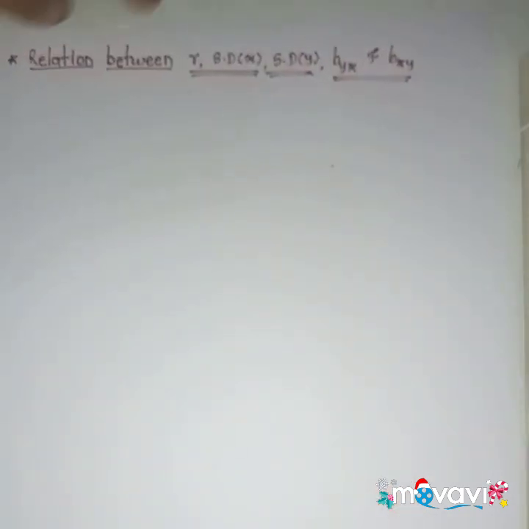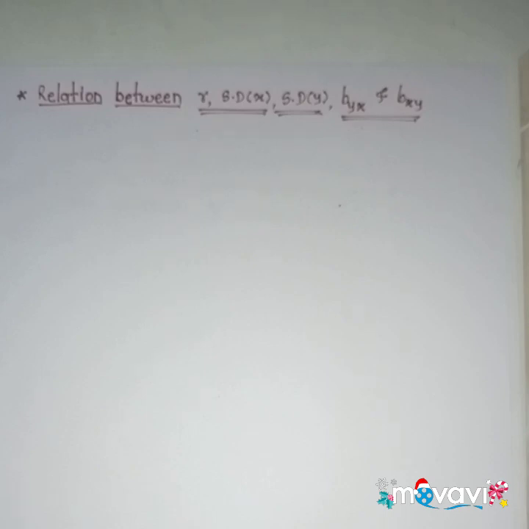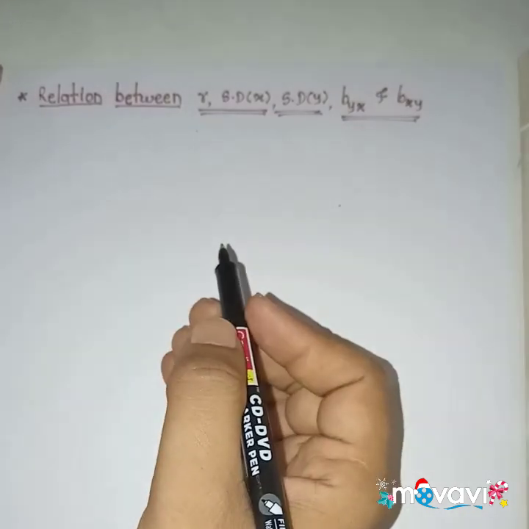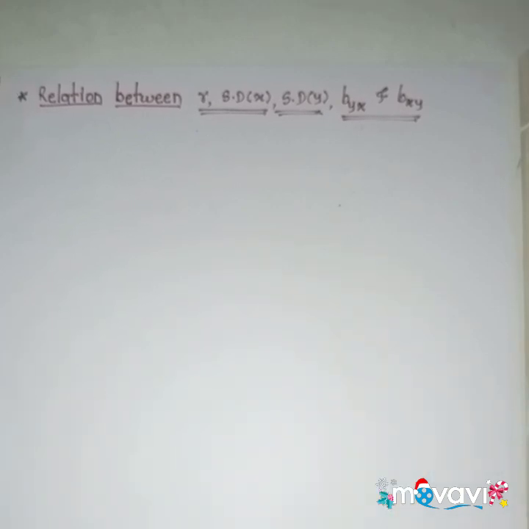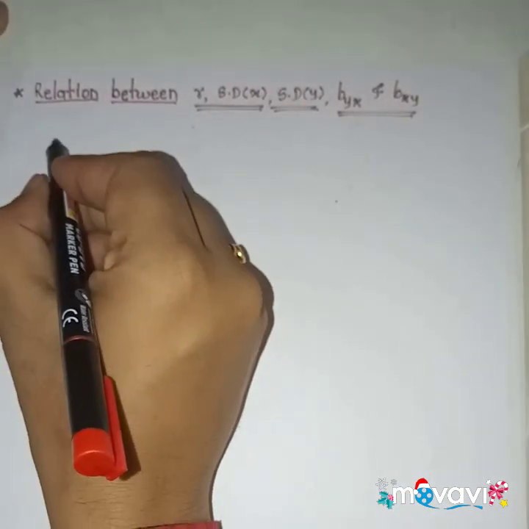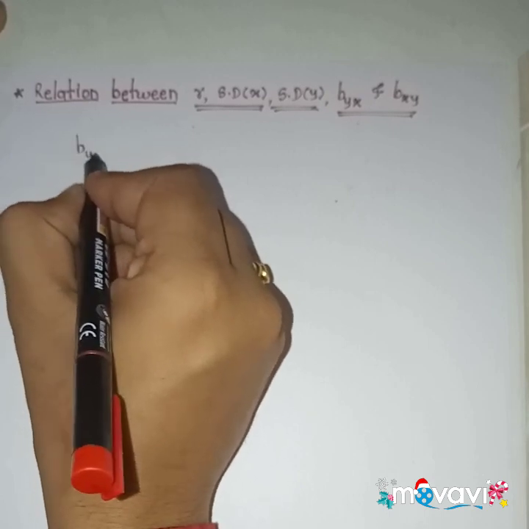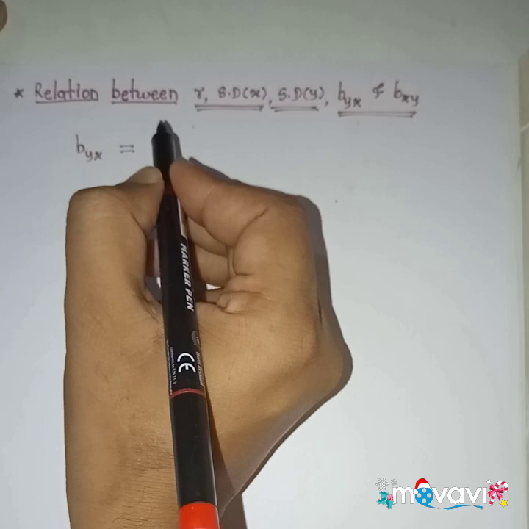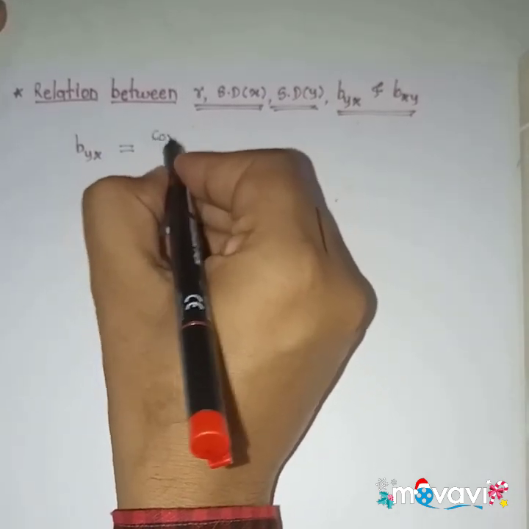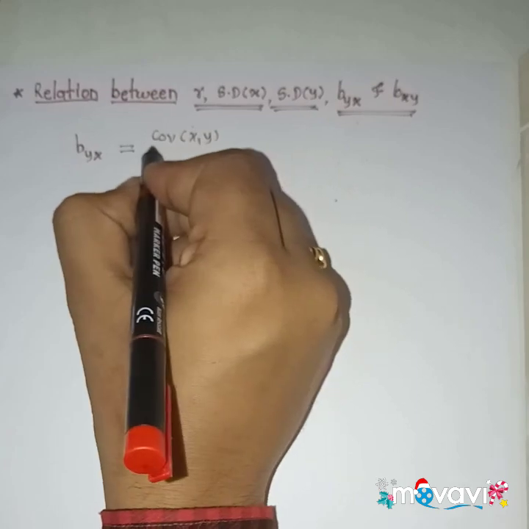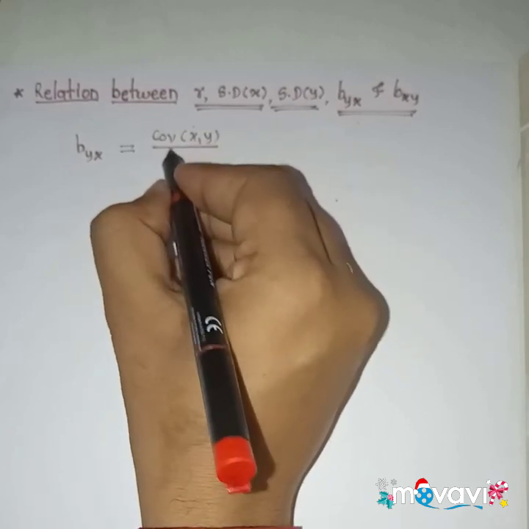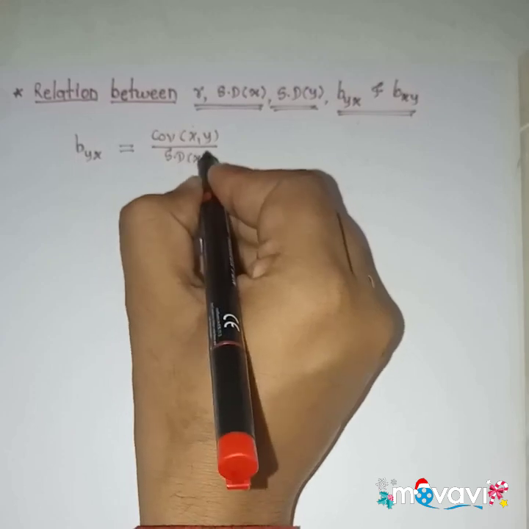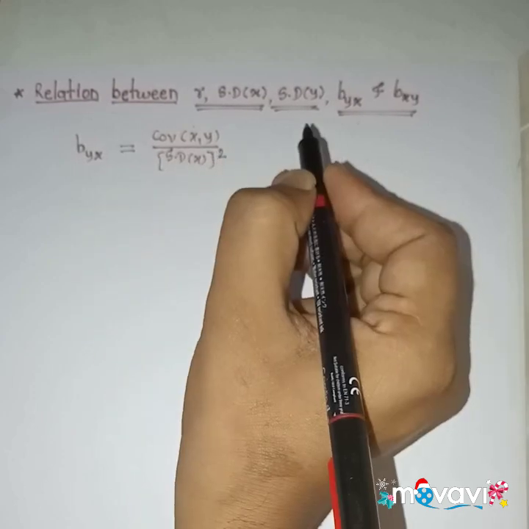Then we find a relation between r, standard deviation of x, standard deviation of y, Byx and Bxy. So for this, first we consider Byx, and this is equal to covariance of xy upon standard deviation of x bracket square.